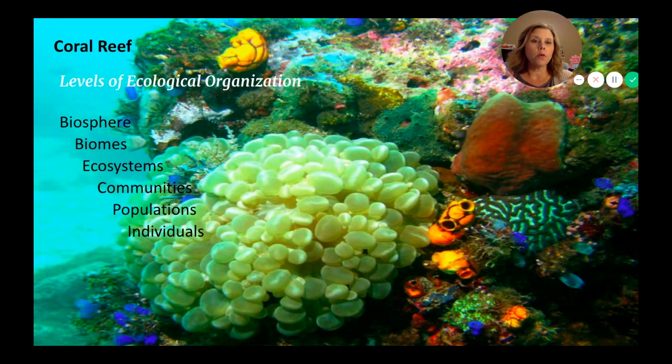So let's consider the coral reef ecosystem. The coral reef ecosystem is a unique marine ecosystem that certainly adds to the ecosystem diversity of our planet, as well as the marine environment. A healthy reef ecosystem consists of communities of corals, sponges, anemone, clams, shrimp, fish, turtles, and many, many more species.